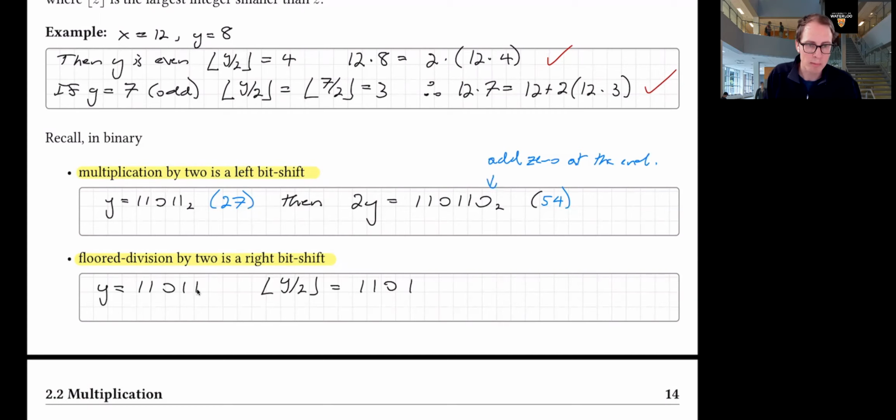We just drop the last bit. And so this again is 27 here, and this floored division is going to be 13. I should write my little subscript 2.